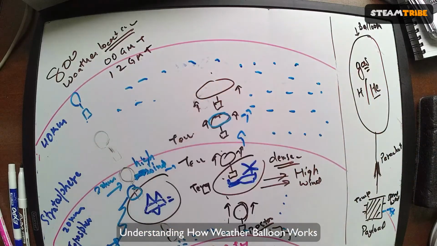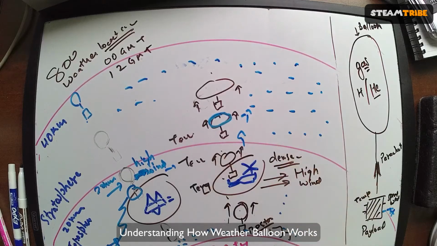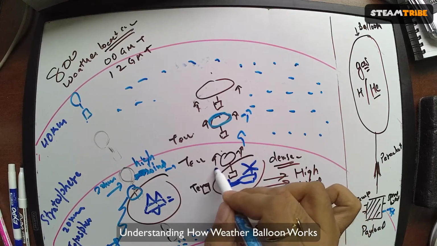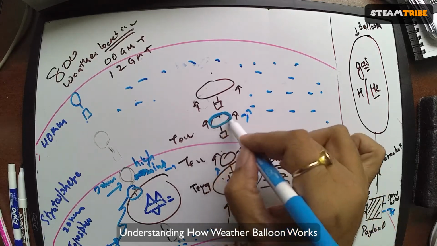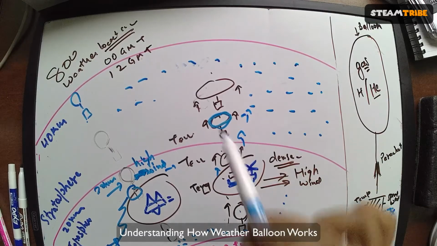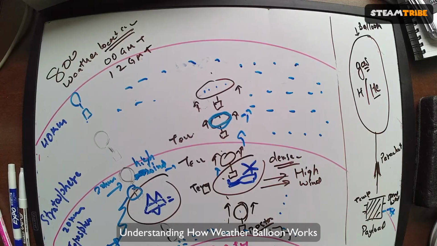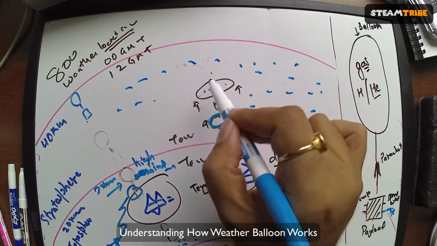The balloon had a certain pressure when it was down, and if the pressure around the balloon decreases, the particles inside the balloon say, hey, we have to adjust to suit the pressure. If the pressure is low, then the volume has to go high.